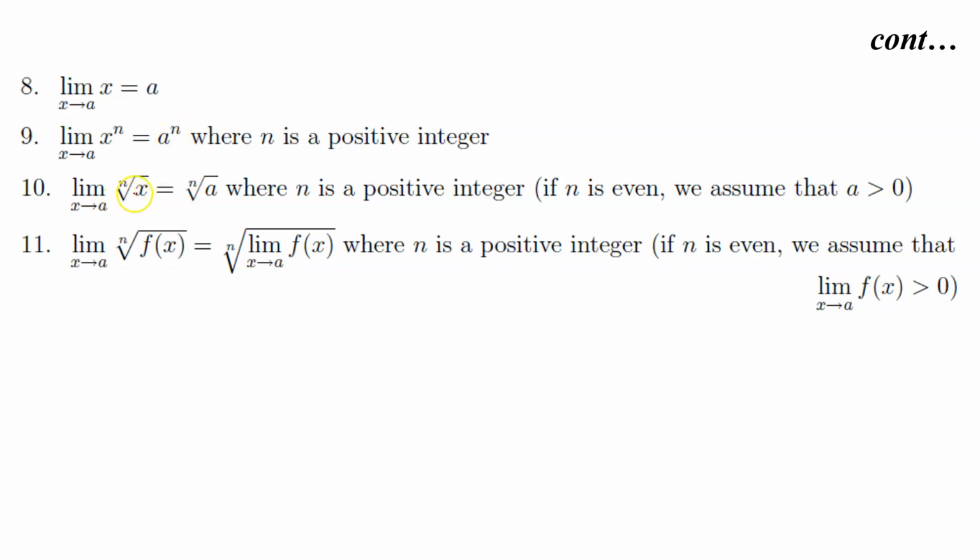And when limit x square root, okay, kita ada punca kuasa dekat sini, then you will get this. And the last one, when you have square root or punca kuasa any number, then you can write it down like this. Okay, so that are all 11 laws of limits.